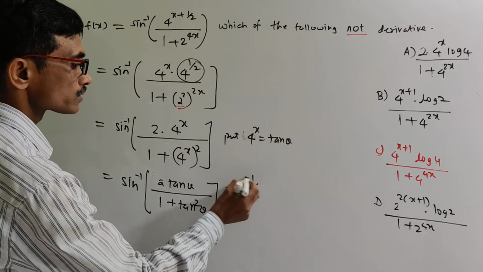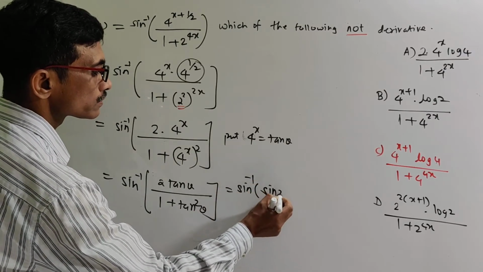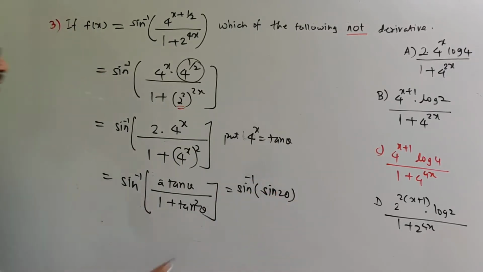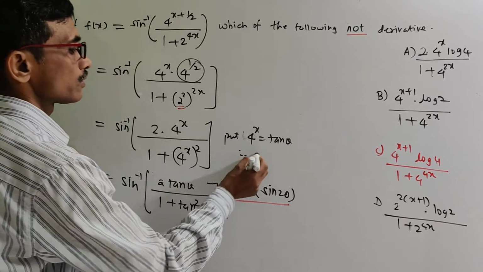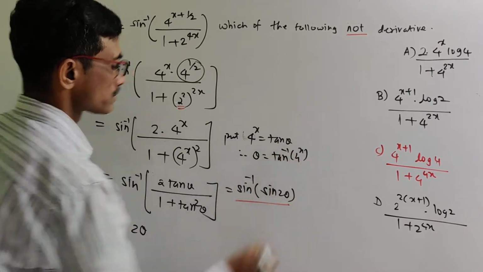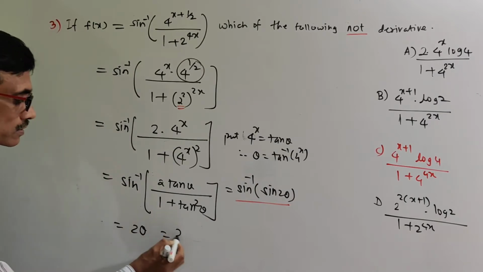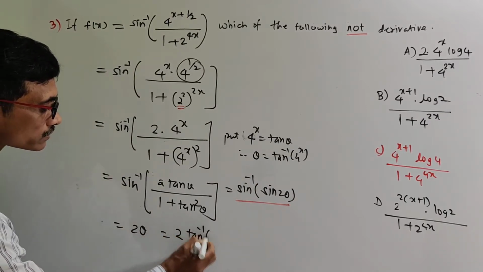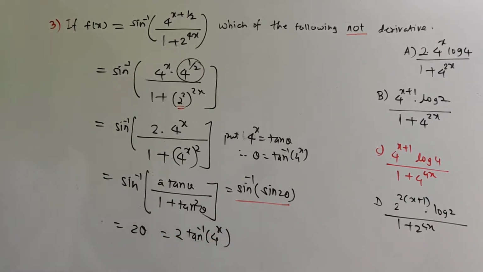It is sine inverse of sine 2 theta, and this will be 2 theta. So it is 2 theta. But our theta will be tan inverse of 4 raised to power x. So this is 2 times tan inverse of 4 raised to power x.